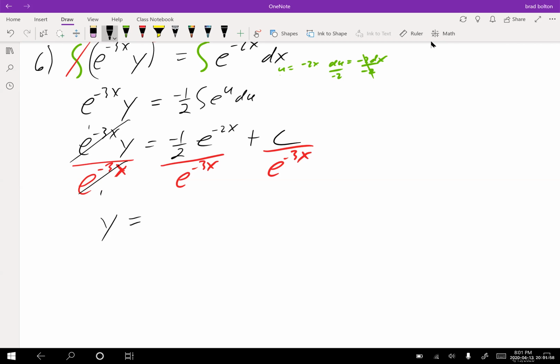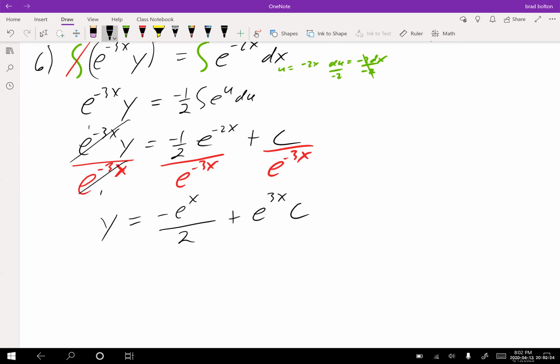We have y equals, well, I believe this would be negative e to the x over 2 plus e to the 3x times c.